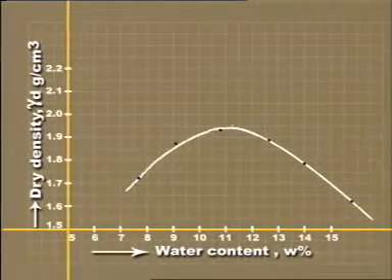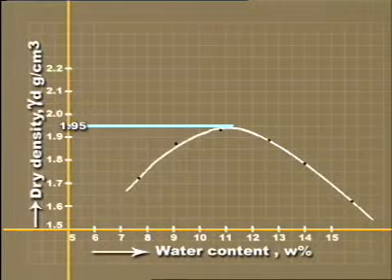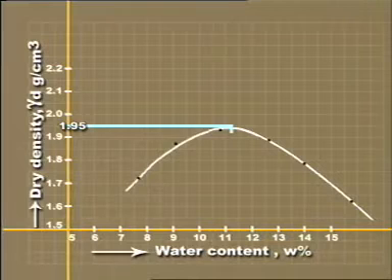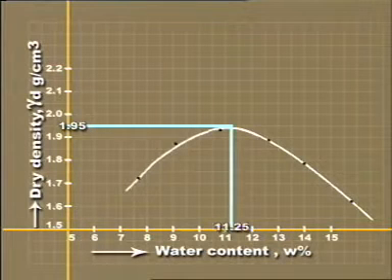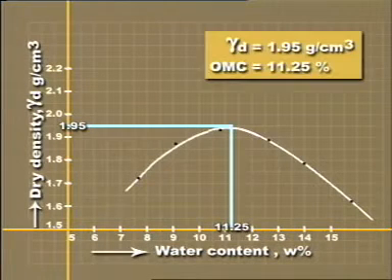From the curve, read dry density and optimum water content, which is gamma d equal to 1.95 gram per centimeter cube and water content is 11.25%. Once the maximum dry density and optimum water content of the soil is known, we can achieve the degree of compaction of the soil for different projects.